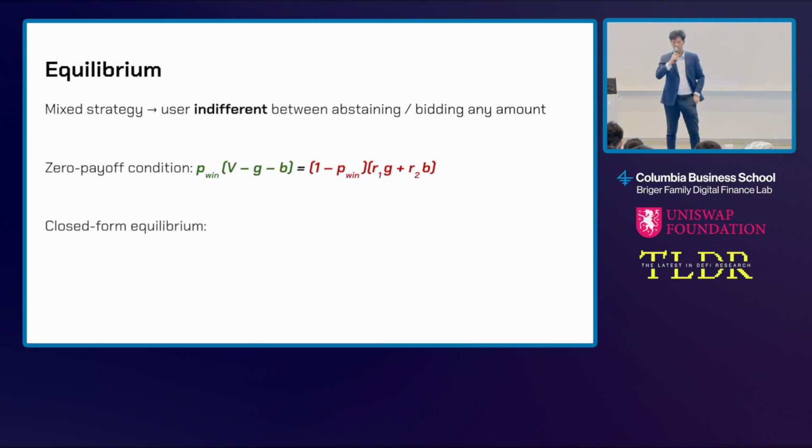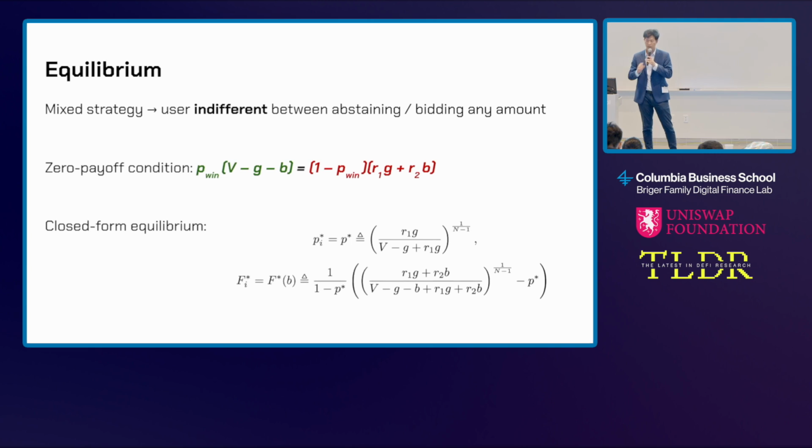Because we're considering a mixed strategy equilibrium, the user needs to be indifferent between all possible choices of what to bid, as well as not participating at all. This naturally leads to a zero payoff condition, where your payoff from winning the auction is equal to the payoff from not winning the auction. Eventually, you can solve this and apply some boundary conditions to get closed form expressions for this auction equilibrium.